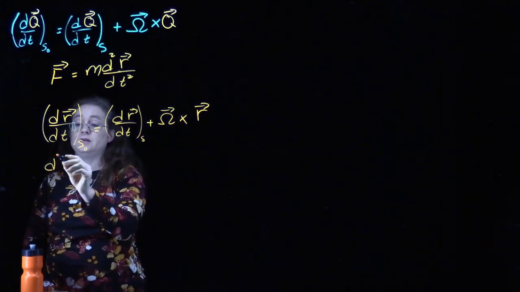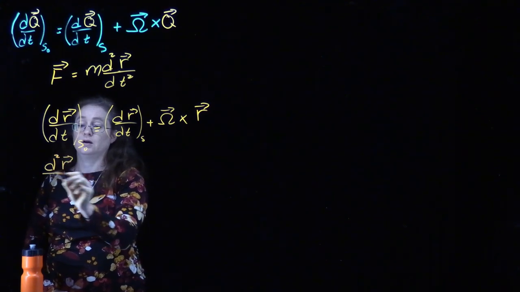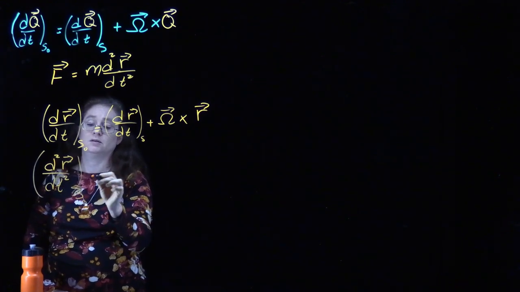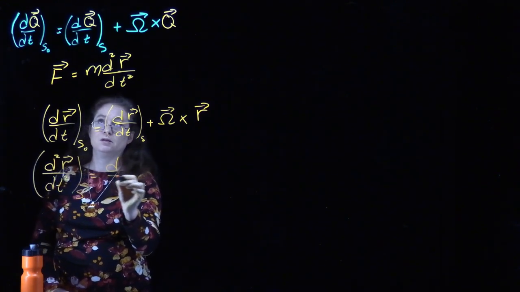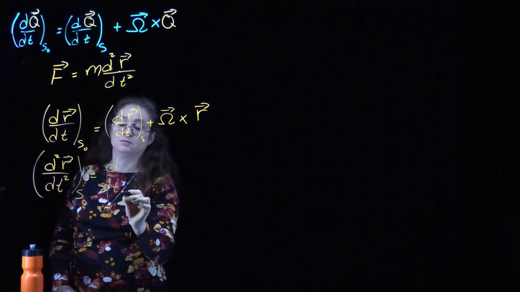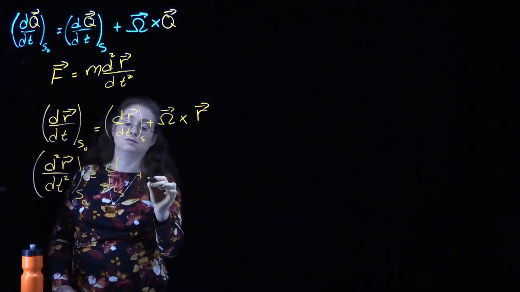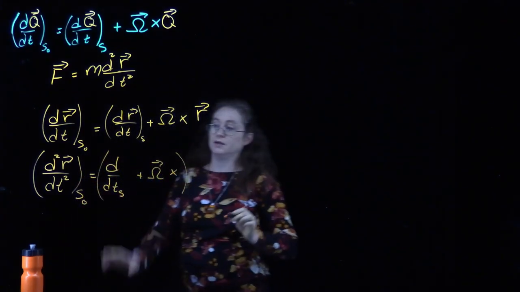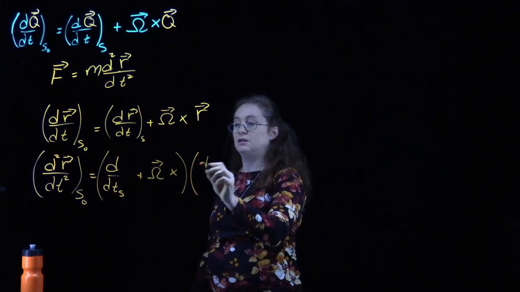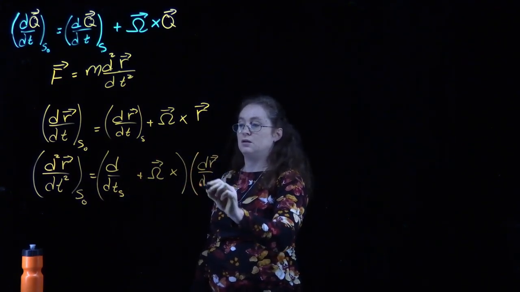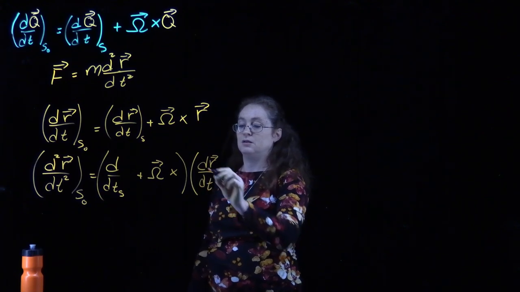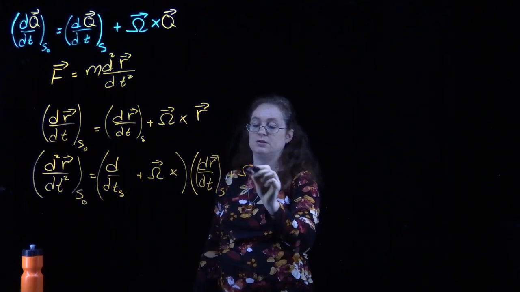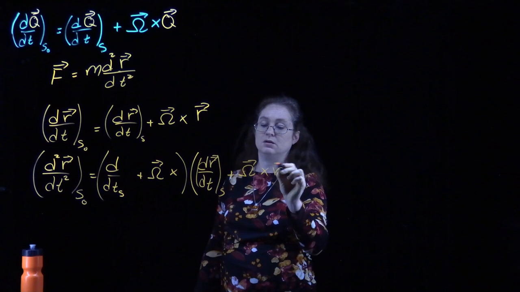So d squared r/dt squared in the inertial reference frame is this operator acting on this dr/dt in the non-inertial frame plus omega cross r.